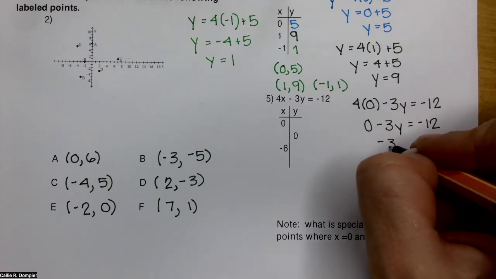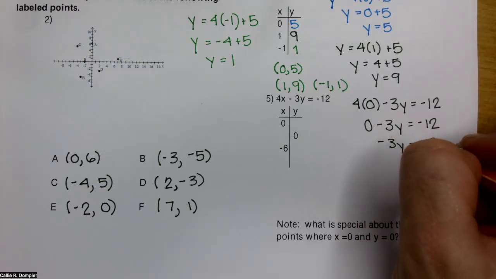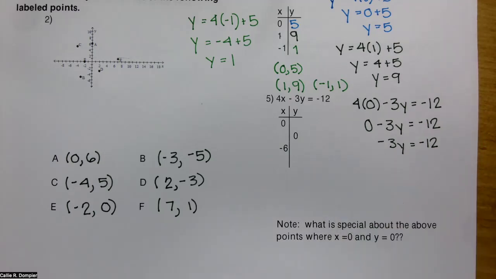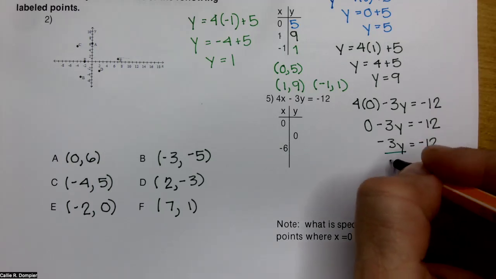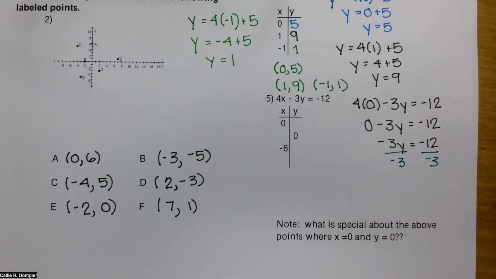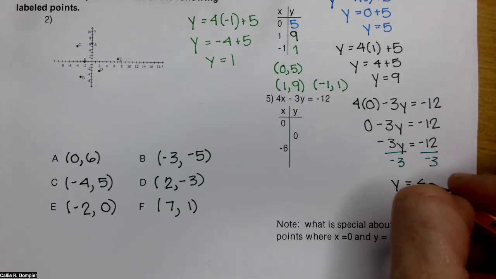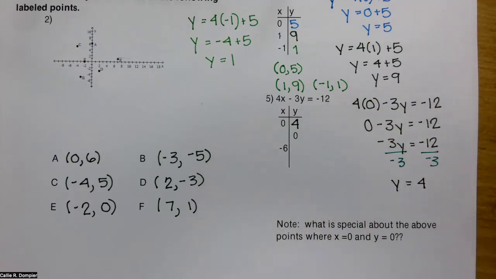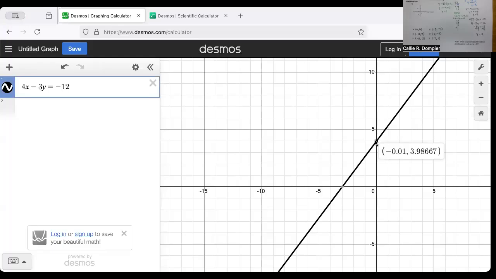So that's just -3y equals -12. I need to get y alone to find its value, so I'm going to divide both sides by -3. And my answer is y equals 4 when x is 0. And though it won't give you a table, it will give you the point (0, 4) on Desmos. There's that point.